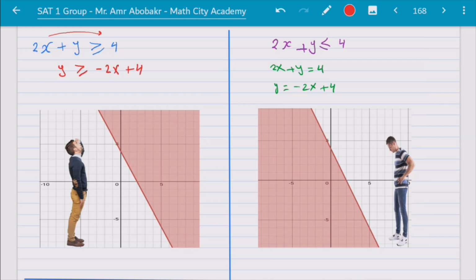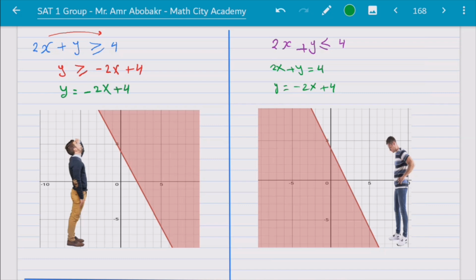So we have two steps now. The first step, make the inequality like an equation. So it will be y equals negative 2x plus 4.